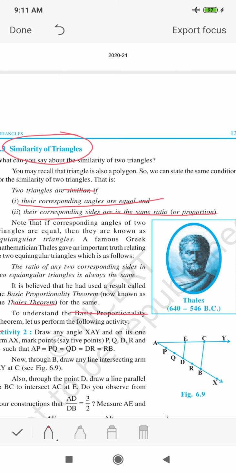The theorem is very important from the board exam point of view and is not excluded from the syllabus, so it is kept for the proof. We will see its statement and proof in the next session.